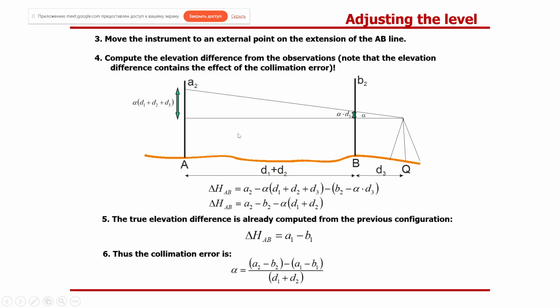Then we can calculate the difference, the catet of the triangle, which occurs because of this collimation error. The true elevation difference is already computed from the previous configuration, and thus the collimation error can be calculated using this equation.